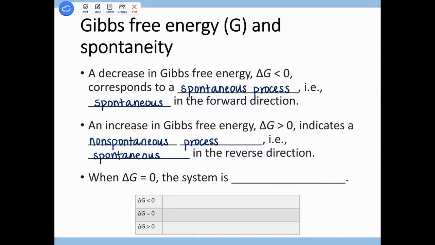And then if you ever calculate delta G equal to 0, the system will be at equilibrium. Neither forward or reverse direction is favored.